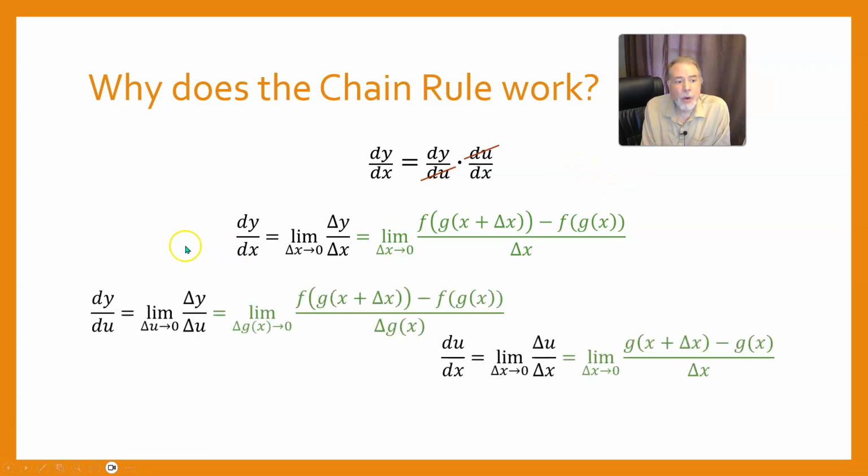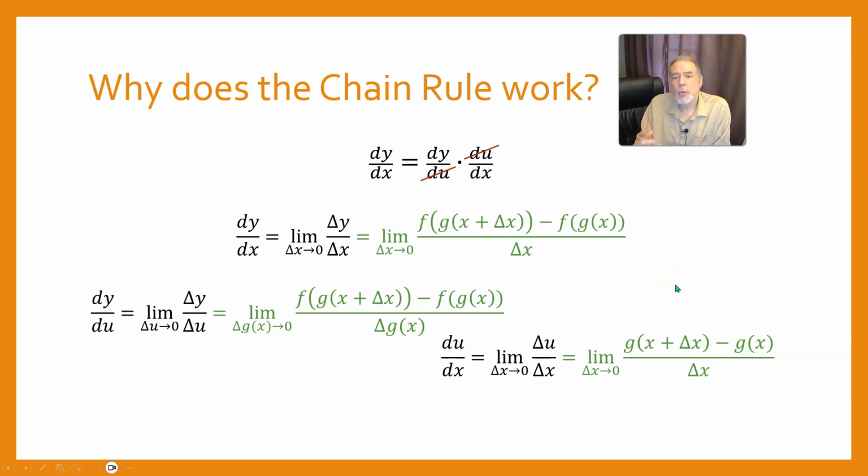And so dy du would be the limit of the change in y over the change in u, and du dx would be the limit of the change in u over the change in x. To prove that the chain rule works, you would have to prove that if you multiply those two derivatives together, those two limits of ratios, things cancel or work out nicely so that you get something equivalent to the limit of the ratio delta y over delta x.